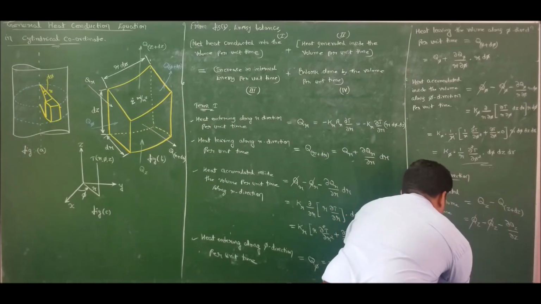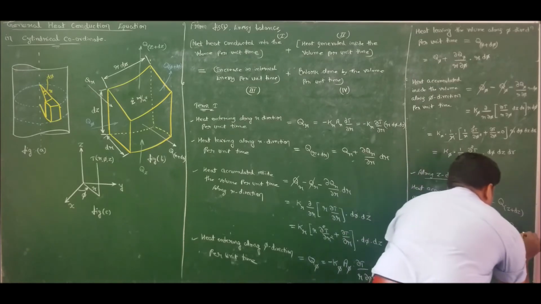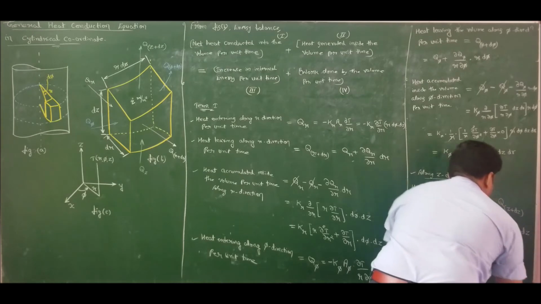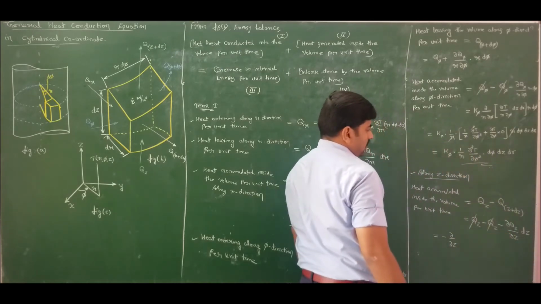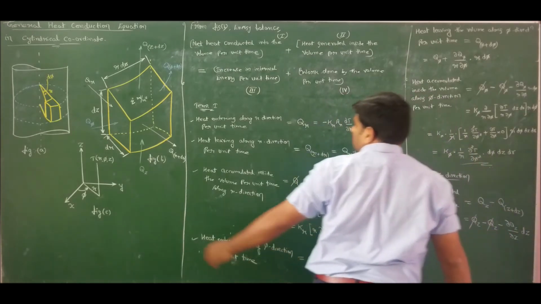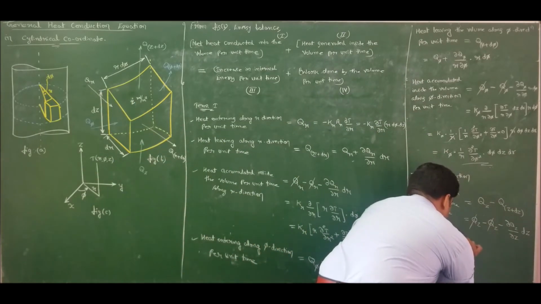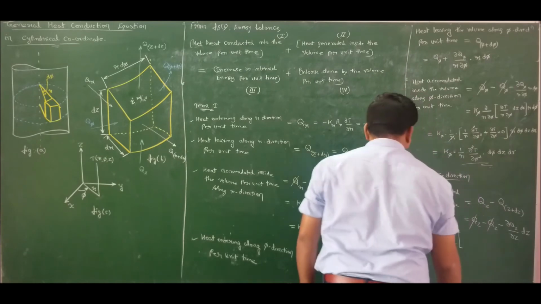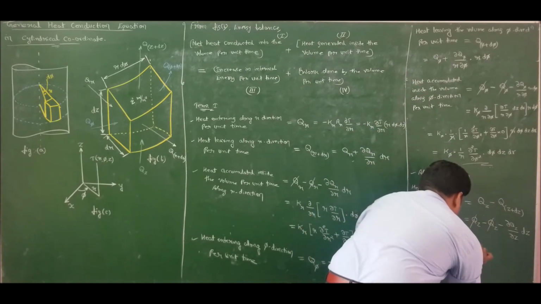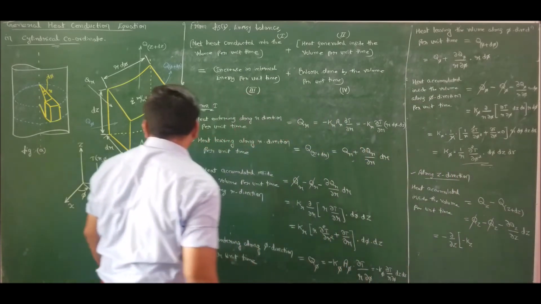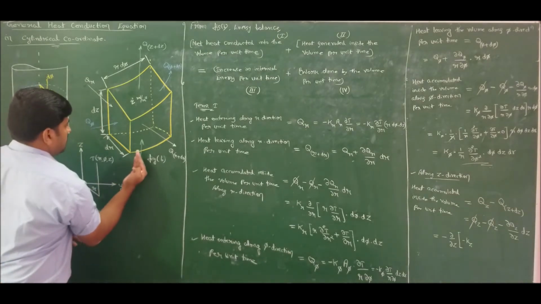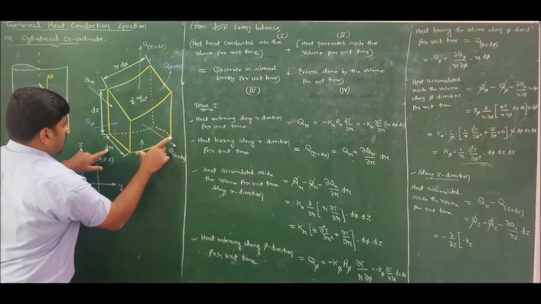Now I can write it as minus dou qz by dou z dz, because length along z direction is dz itself. Minus dou by dou z of qz is minus kz, area along z direction is dr r d phi.